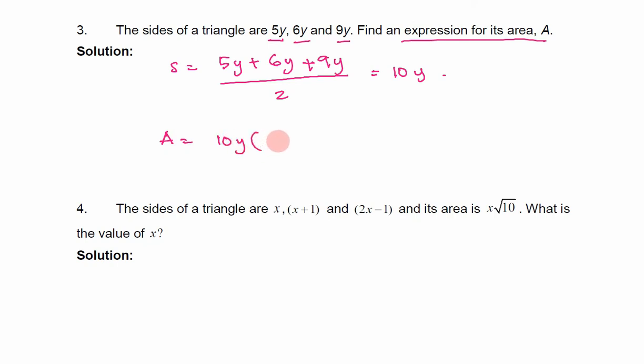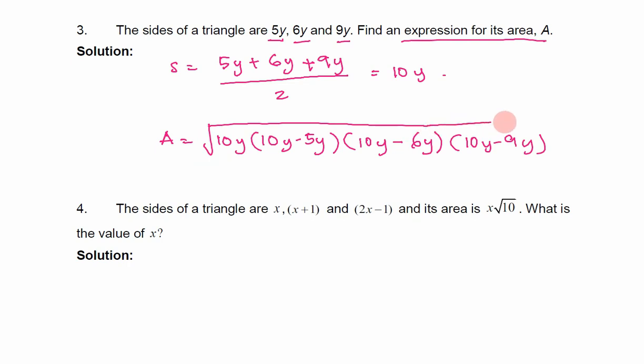10y, 10y minus 5y, 10y minus 6y, and 10y minus 9y. Okay, so you get this as 200 y cube, sorry, y power 4, or you can simplify this.